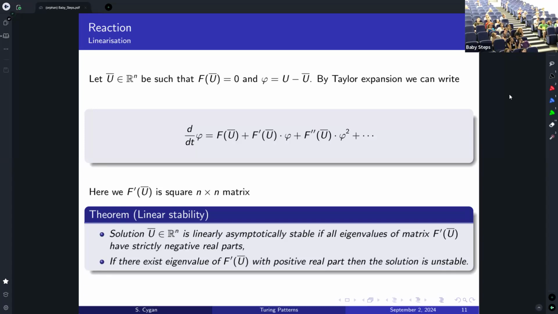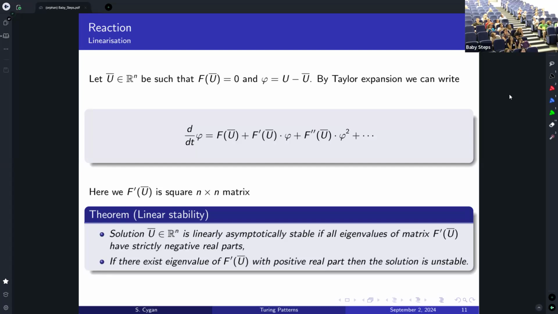And then our solution for the function phi is the following. And now there is a criterion which states under which condition the solution to the system is stable. And it is the following. The solution to the system is asymptotically stable if and only if the matrix f prime computed at the point u-bar has all eigenvalues with strictly negative real parts.